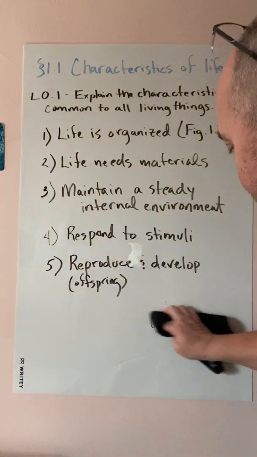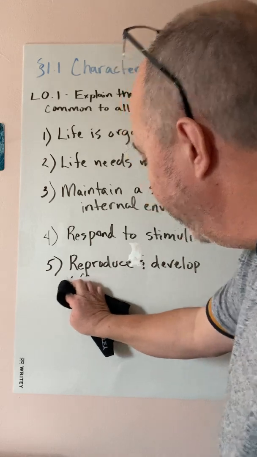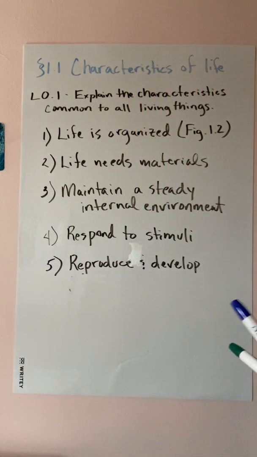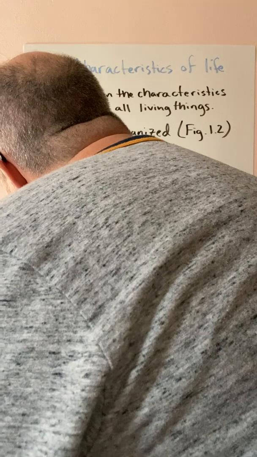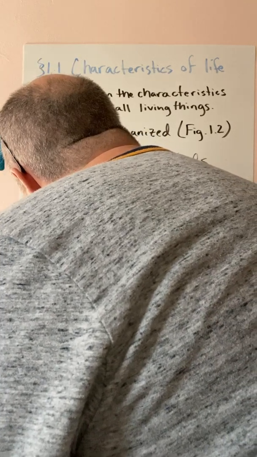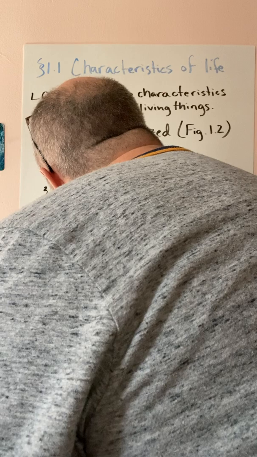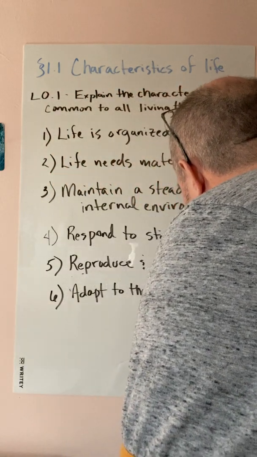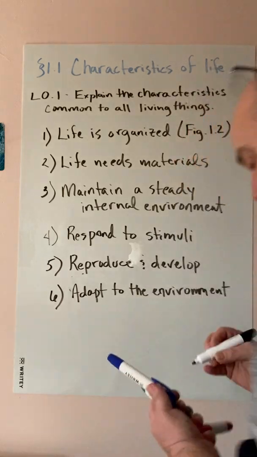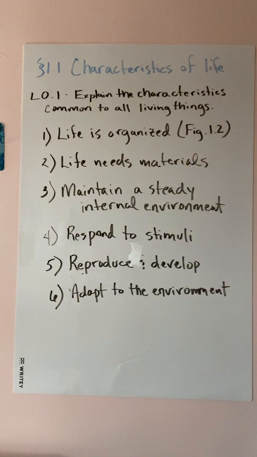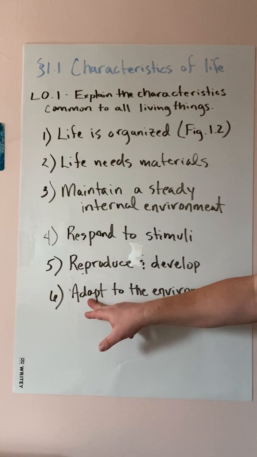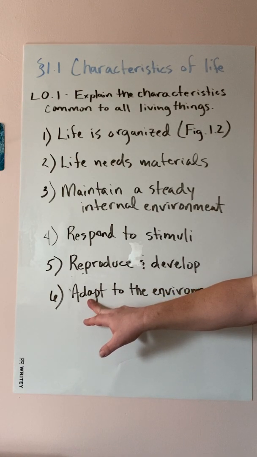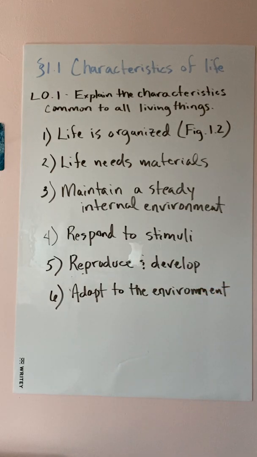And then lastly, and this is a bigger concept than the individual, living organisms, they adapt to the environment. This means that genetics will change from generation to generation. So adaptation means that different genes will be selected for depending on the environment you're in.